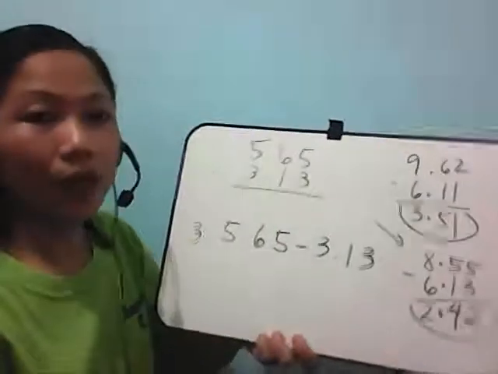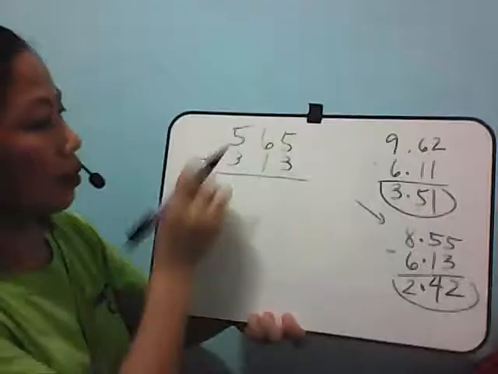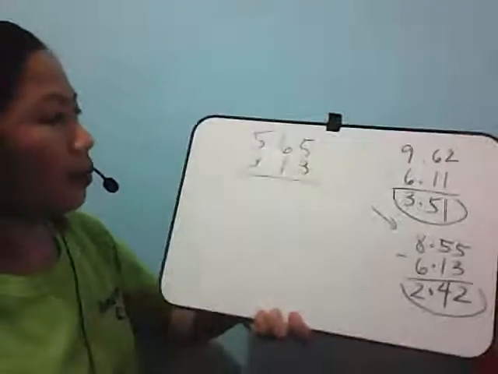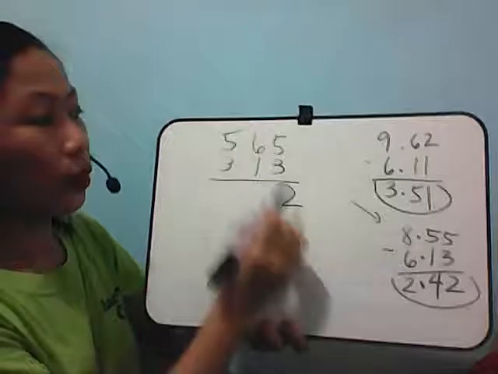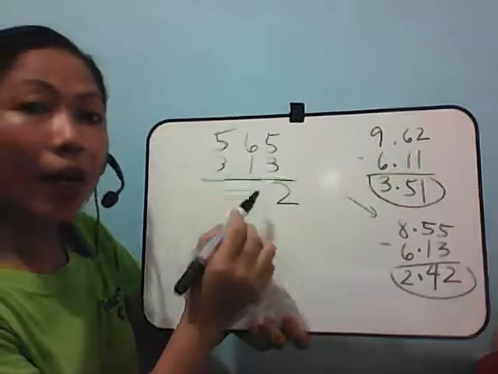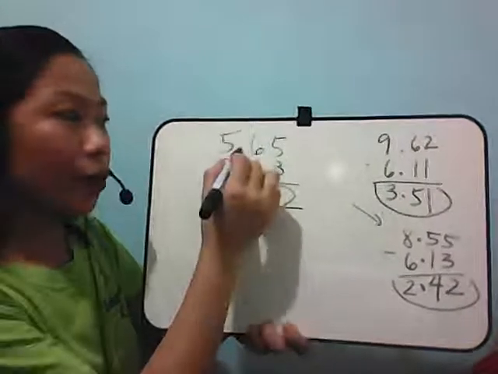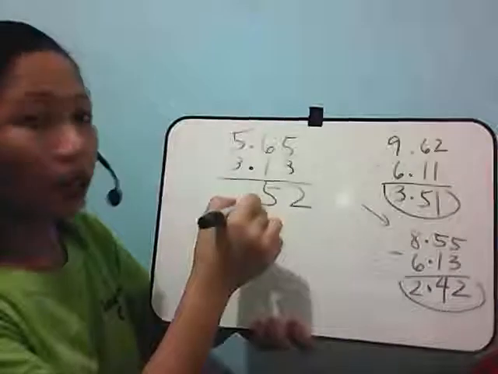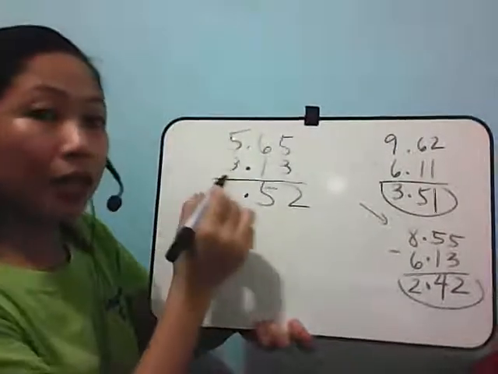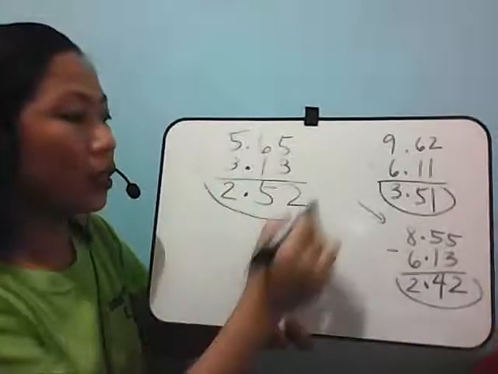Let's go in solving. So 5 minus 3 is equals to 2. Then 6 minus 1 is equals to 5. Then, of course, our decimal point here should be aligned. Don't forget. And then 5 minus 3 is equals to 2. So the answer is here.